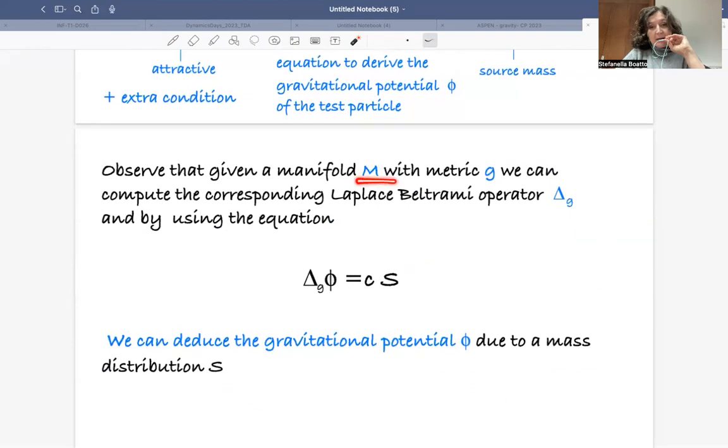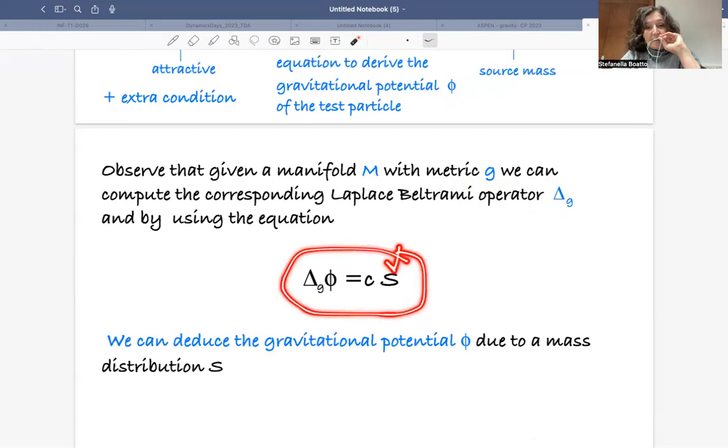Given a manifold M, in our case a surface, with the metric G, we can compute the corresponding Laplace-Beltrami operator, and with this equation, for a given source field S, we can actually derive our gravitational potential.